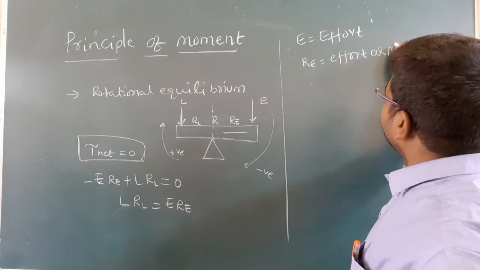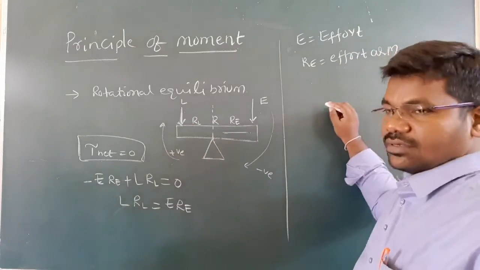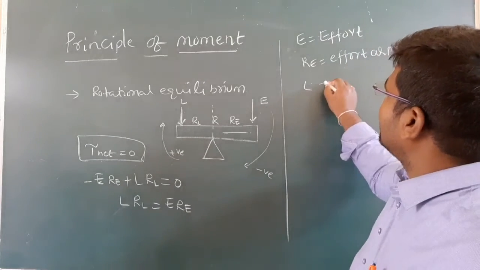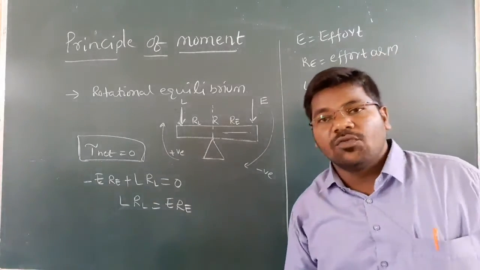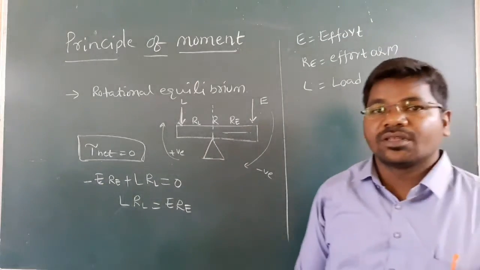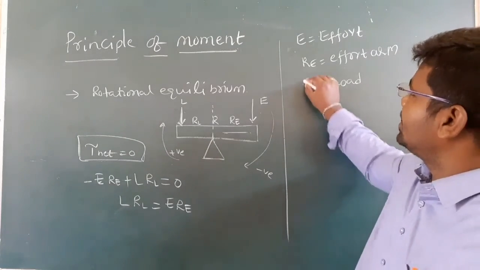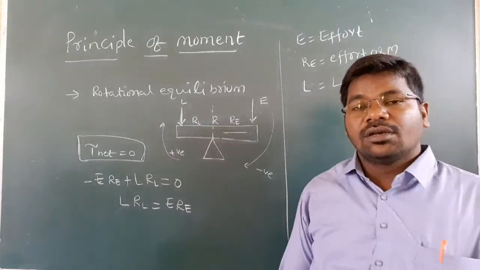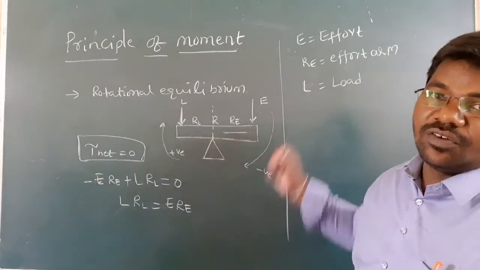RE is the effort arm. This is from the midpoint of this effort arm. We can say L is load. So what is load, my children? Load is the force due to the effort.